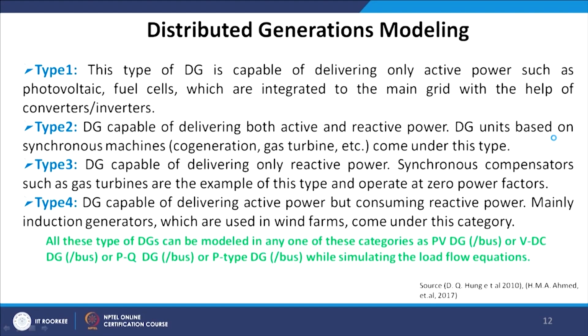That is, a DG capable of delivering active power but consuming reactive power, for example induction generators for wind farms, etc. So, to conclude, all these types of distributed generators can be modeled in one of these categories, as PV-DG, VDC-DG, PQ-DG or P-type DG, while simulating the load flow equation.